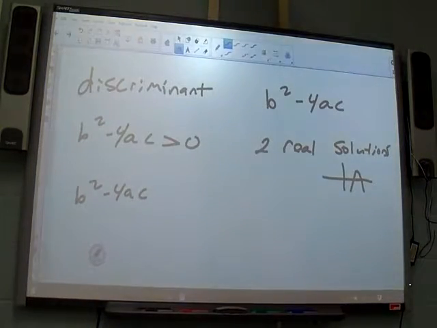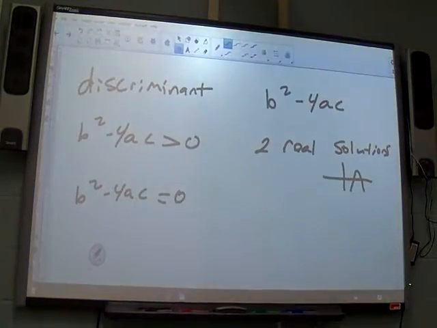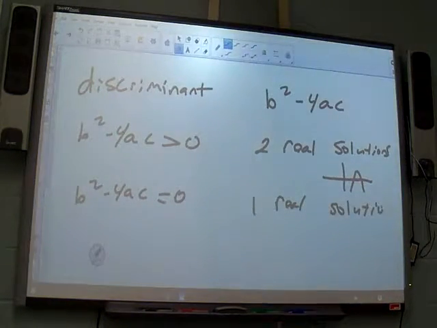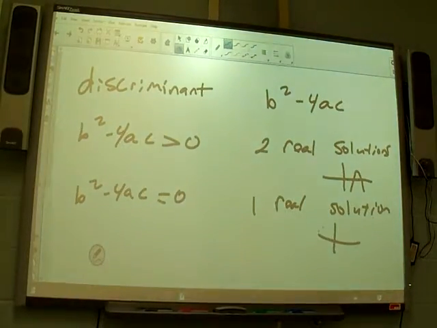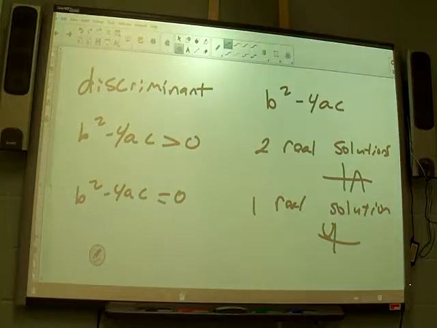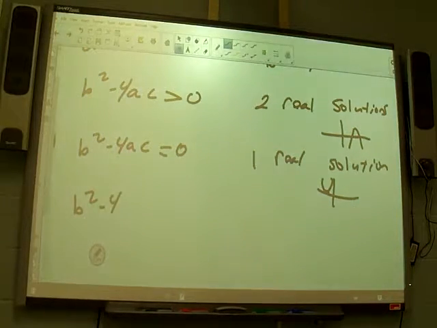If we get an answer equal to 0, like we just saw on that previous problem, what did we come up with? One real solution. So an example picture could be that, it just touches the x-axis one time. Okay, so our only other scenario would be less than 0.